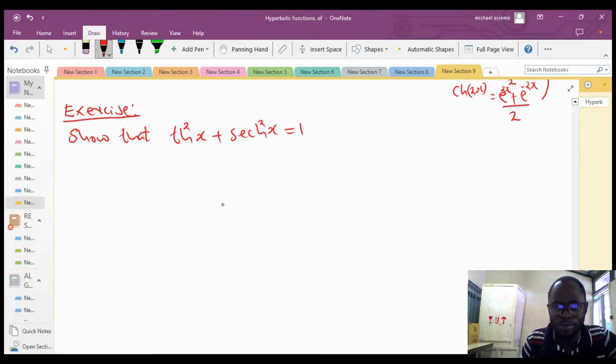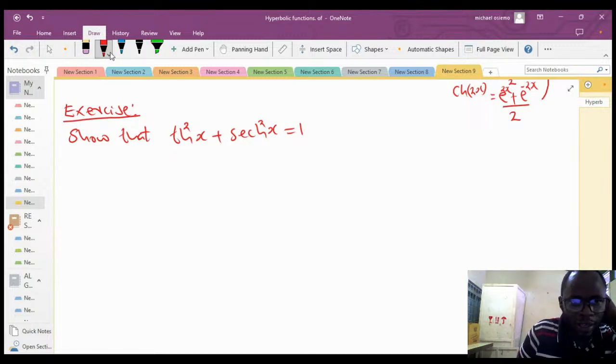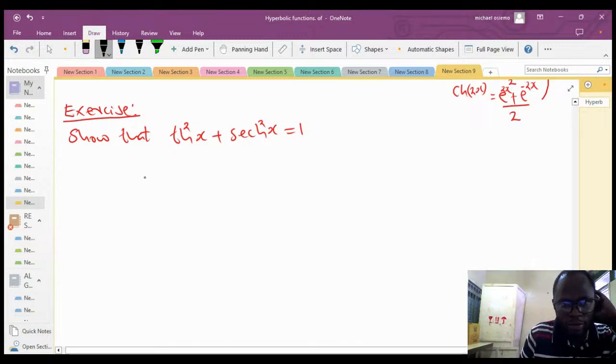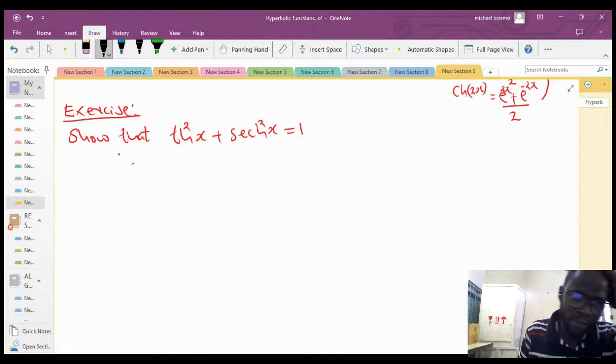So what you'll do, you can convert. Remember, you need to remember what th of x is. So th of x is tan hyperbolic of x. We said tan hyperbolic of x is the same as the sine hyperbolic of x over cos hyperbolic of x. So maybe in this exercise, I can still do it for you. I can say solution.